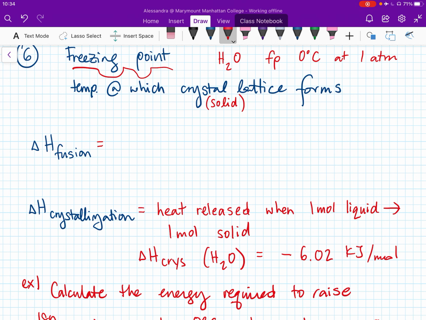The heat of fusion is the opposite. It's the endothermic property. This is going to be the heat that you have to add to a solid to get liquid. Okay. I find this counterintuitive because the name fusion implies to me that you should be forming the solid, but fusion actually refers to melting the solid. I'm not sure why it's named that way. Heat added to 1 mole of solid in order to get 1 mole of liquid.